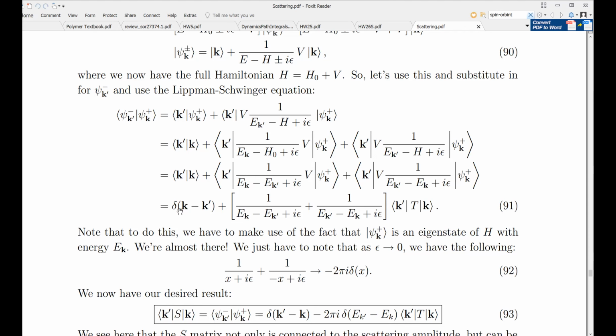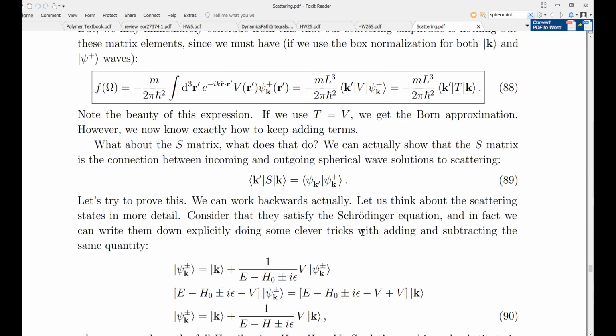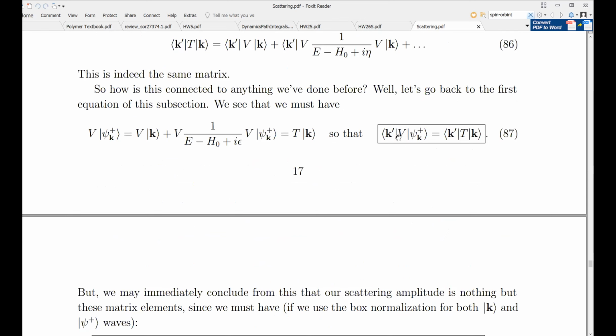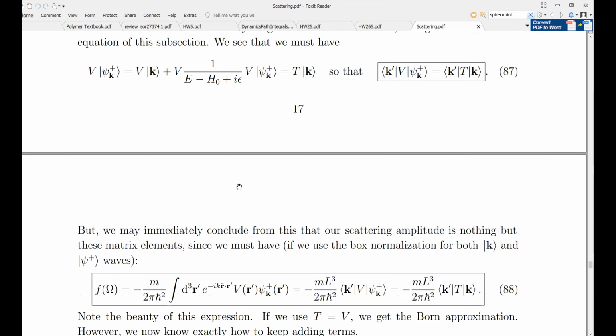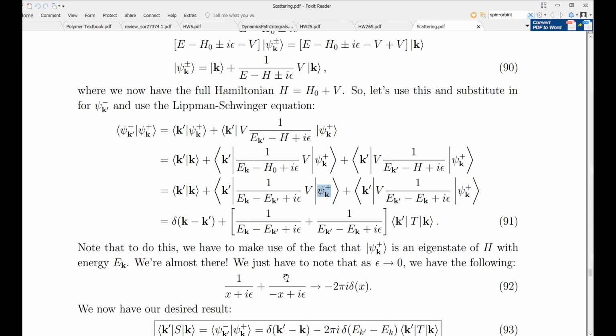The last, equation 91. In equation 91, I just pulled out these factors, which are numbers now. And the thing left over is k prime v psi k plus, but I already derived back somewhere up here that that's just equal to the T matrix. Yeah, the rest of the derivation was fine.